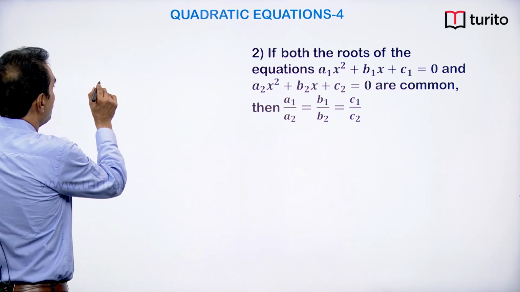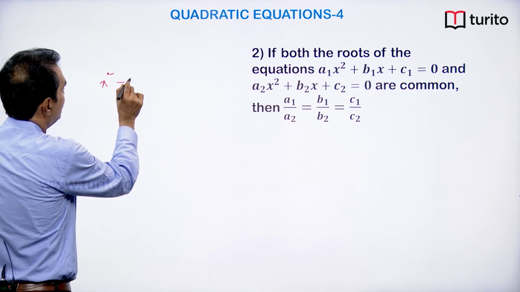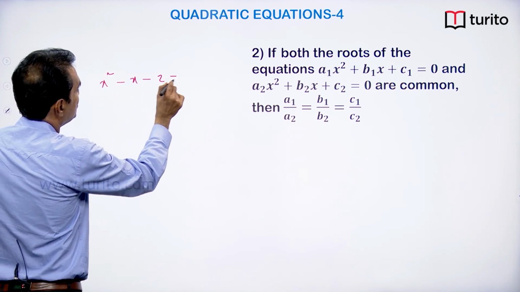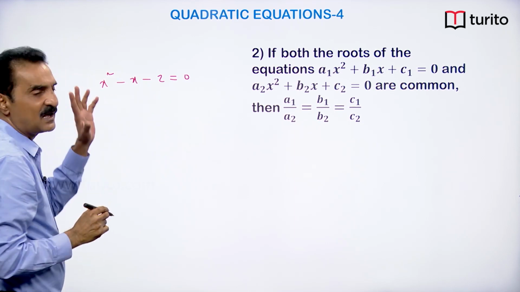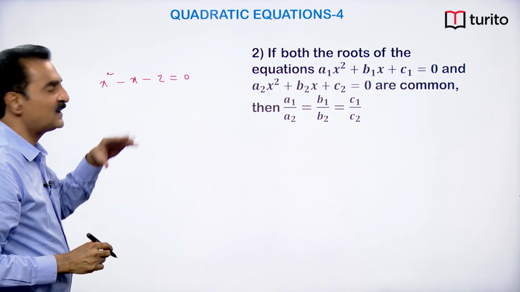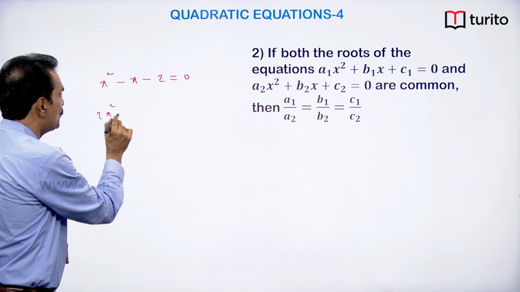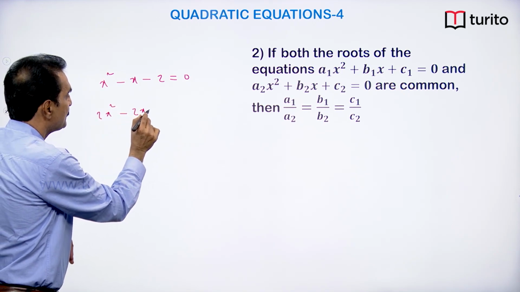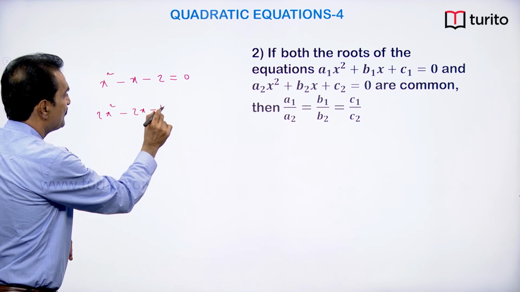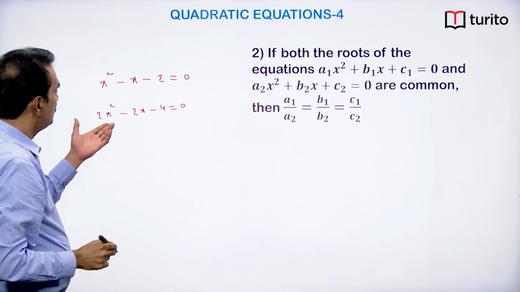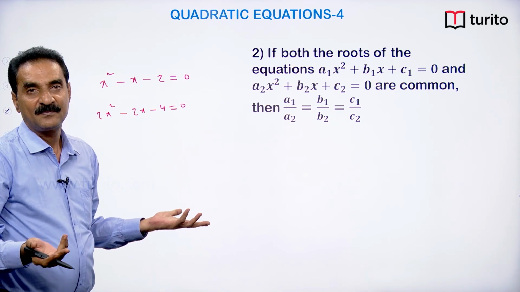For example, if you take x square minus x minus 2 is equal to 0, the roots are minus 1 and 2. If I multiply both sides by 2, still the roots are same.